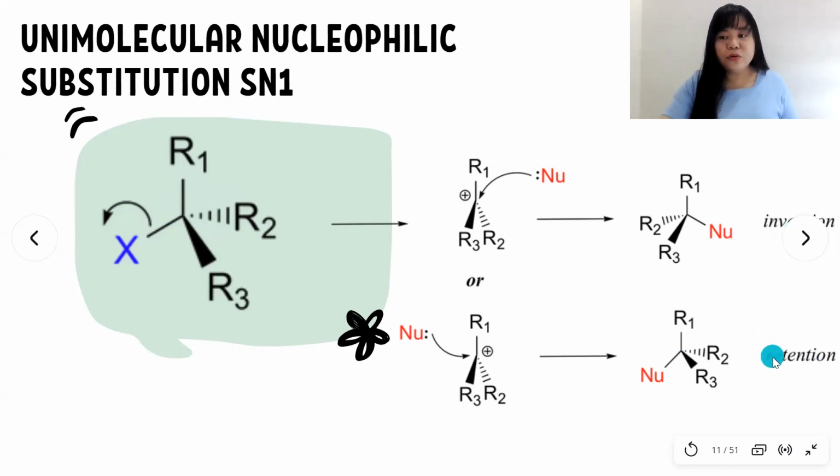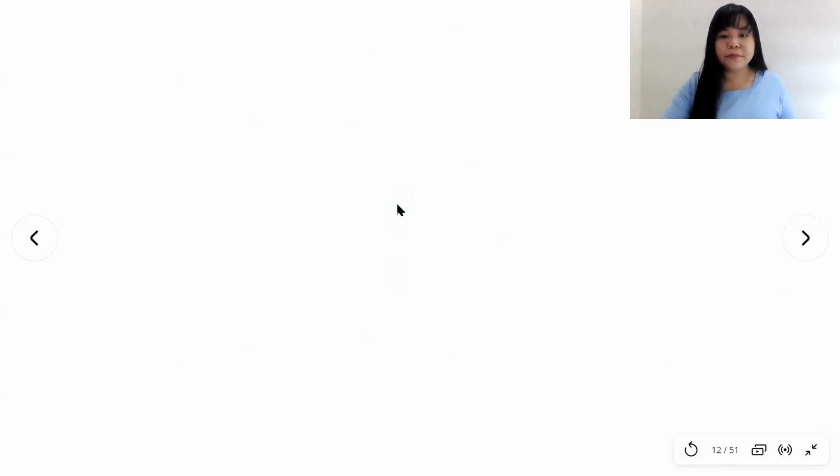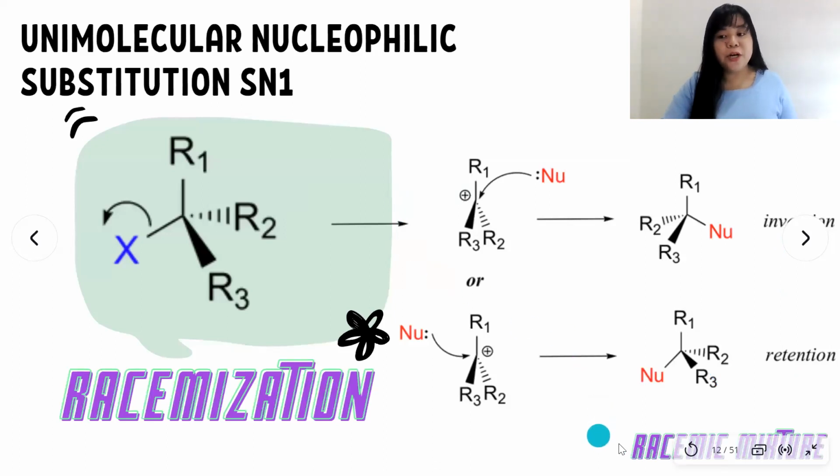Now, these two products being formed by the SN1 reaction may be considered a racemic mixture, that is, if the alpha carbon is the only chiral center in the structure. And the process of producing both an inverted configuration and a similar configuration in the products is called racemization.